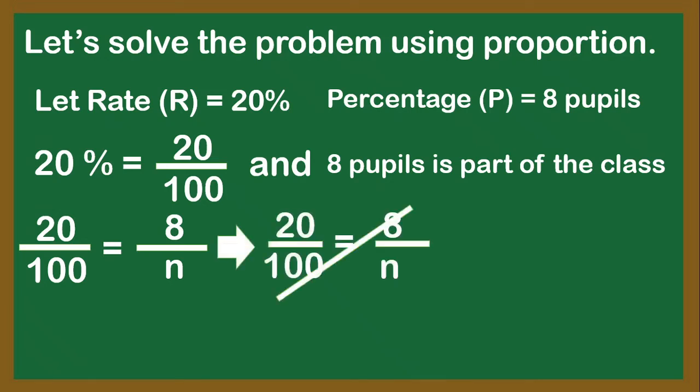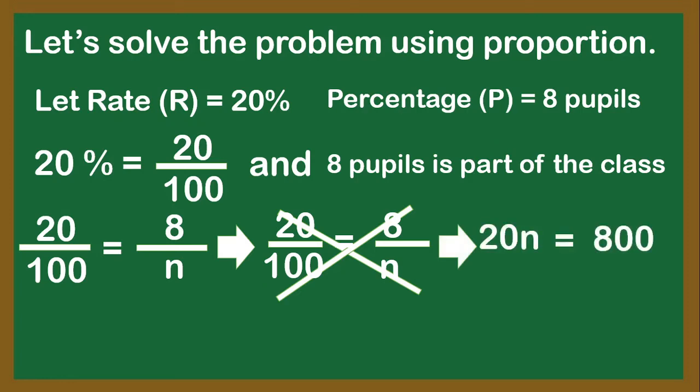Then we have to cross multiply again. 20 times n equals 8 times 100. So we have now 20n equals 800. Finding the value of n, we divide 20 on this side and 20 also on this side.